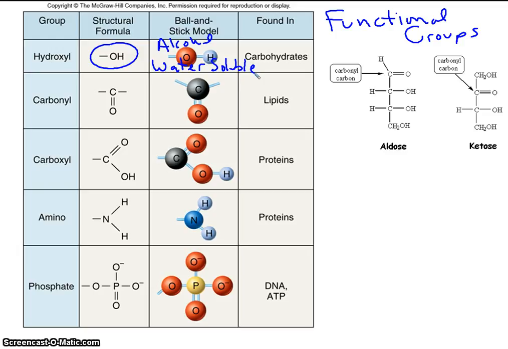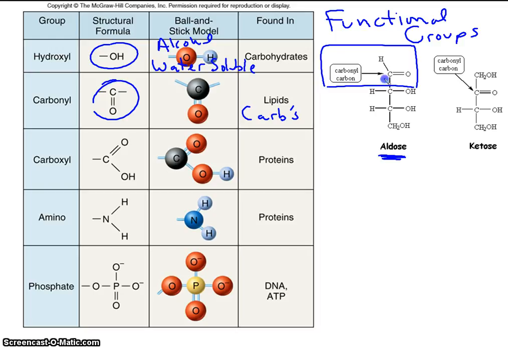The second group is the carbonyl group, and this is found in lipids and carbs, and it's carbon double bonded to an oxygen. This one's a little bit trickier because there's two possible categories. There's something called an aldehyde or an aldose, because sugars end in ose, and this is when the carbonyl group is at the end.